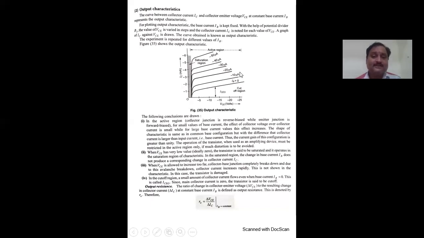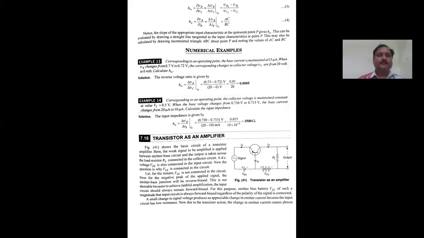Minus means reverse current. Again, output resistance. In the input characteristics, we get input resistance. In this, output characteristic is output resistance. So we get this value.